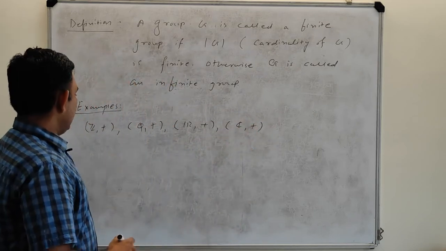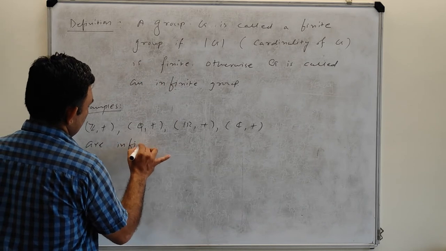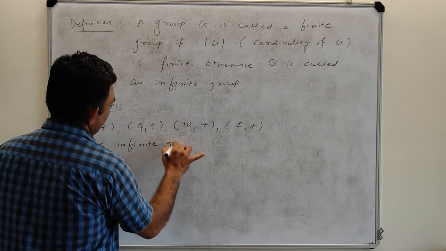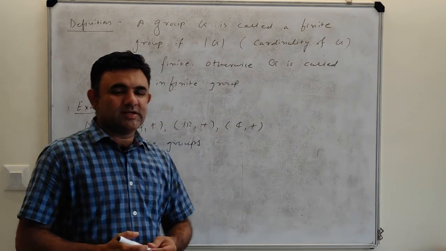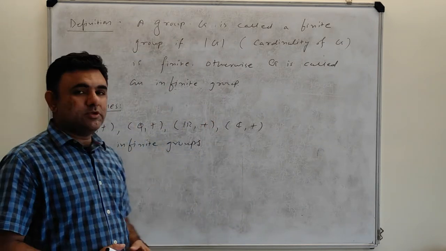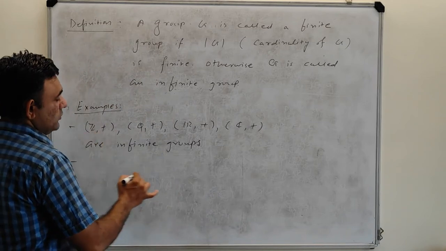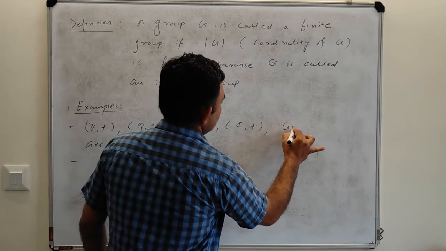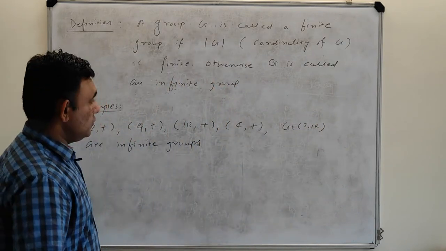All these are infinite groups. See, the number of elements in all these sets is infinite. So these are examples of infinite groups. You may also consider GL2(R). This is also an infinite group.